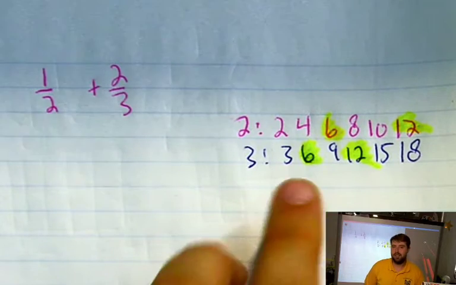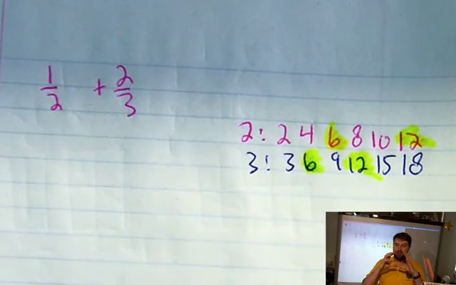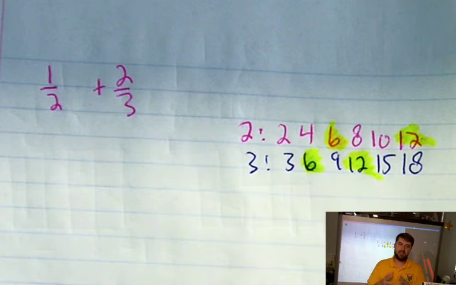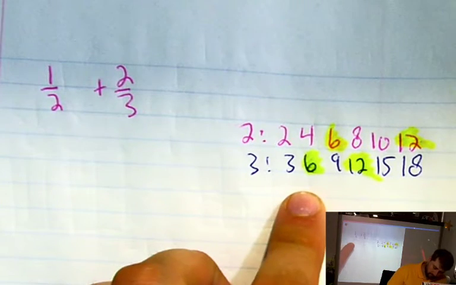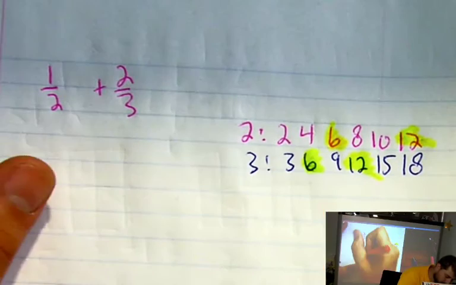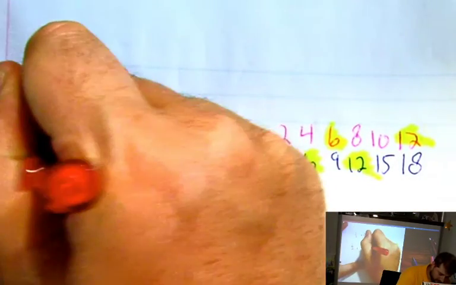And I'm going to let you in on a little secret. The smaller number we choose, the easier it's going to be. So I want to choose 6 here. So then we're going to ask ourselves, 2 times what equals 6?